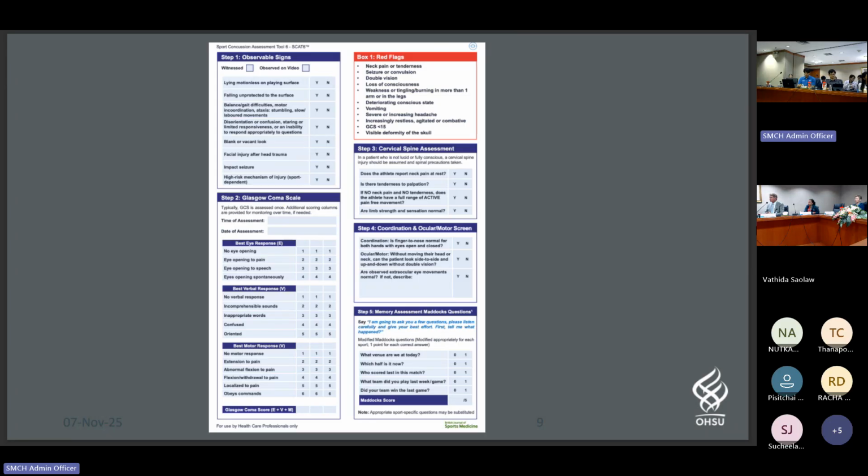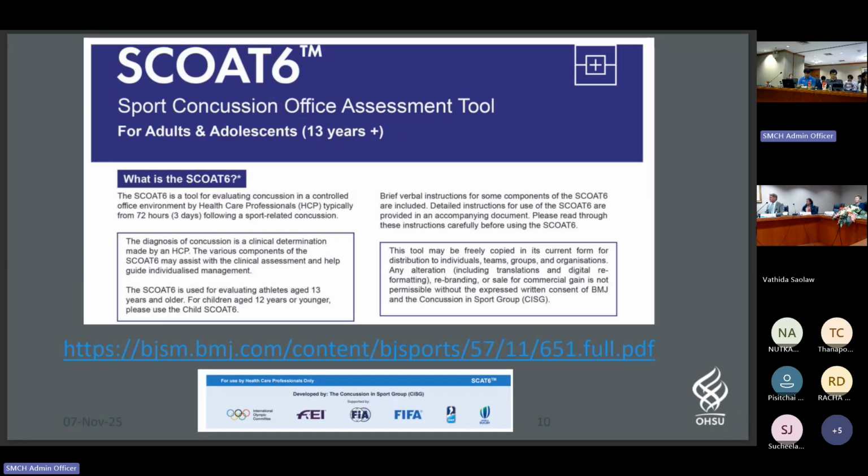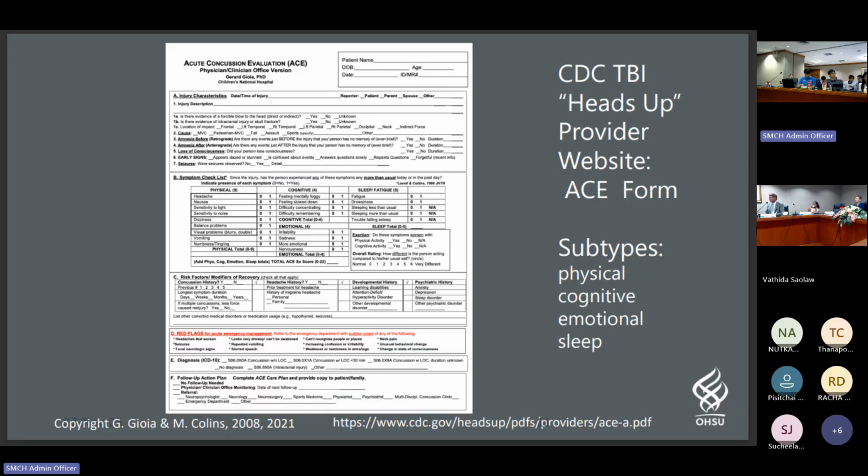Those are not things you're going to use in the clinic, but a lot of times this will be done on the sidelines. What I would encourage you to use in the clinic is the SCOAT, which is new in the 6th version, the Sport Concussion Office-based Assessment Tool. This is very practically oriented, and our clinic program really mimics what's in there, which you'll see.